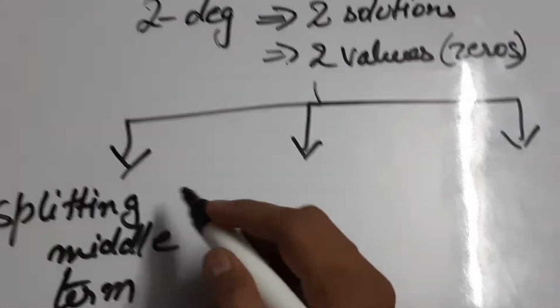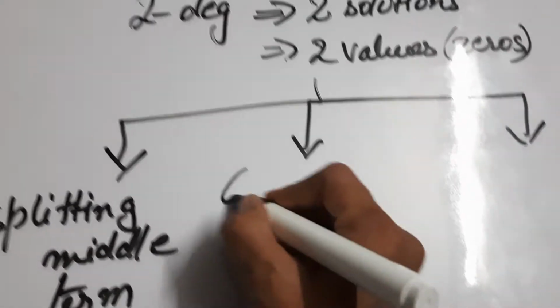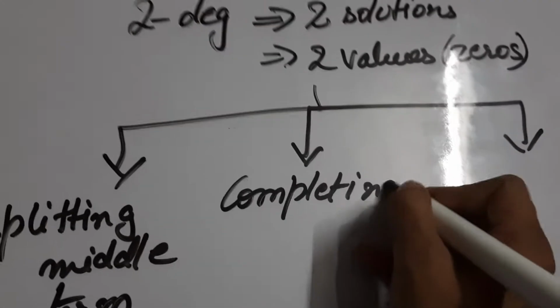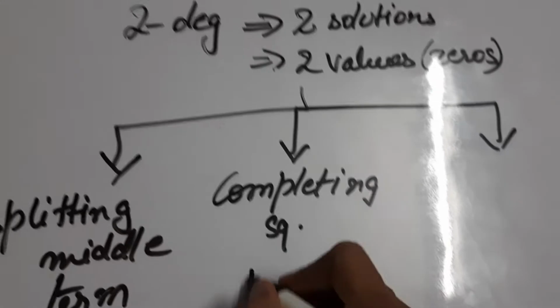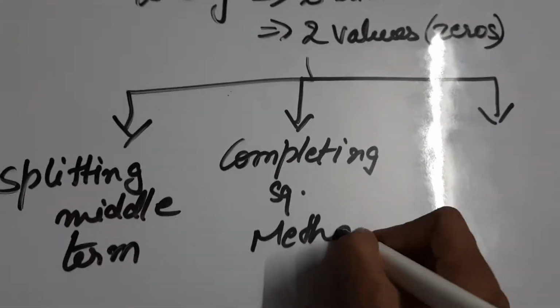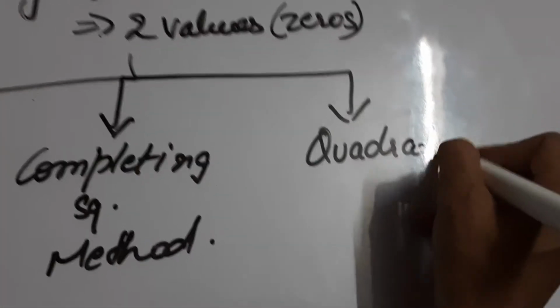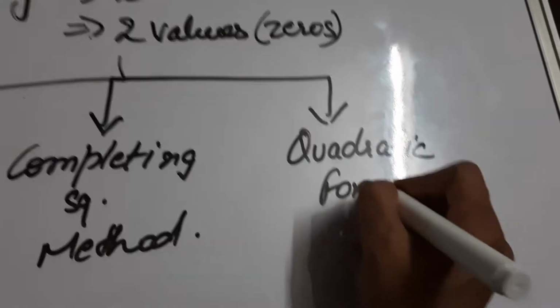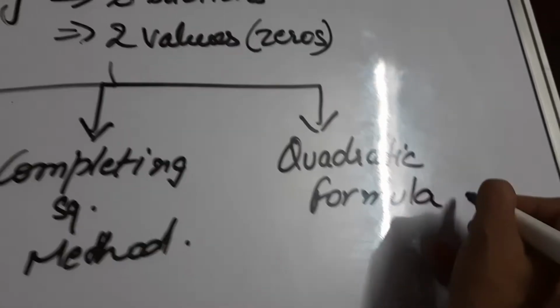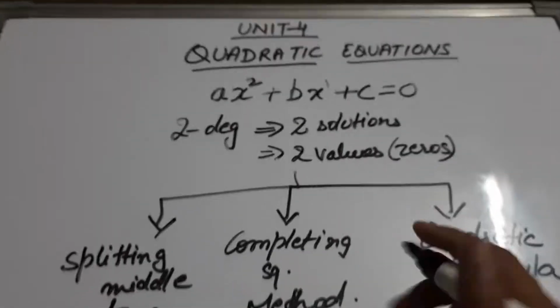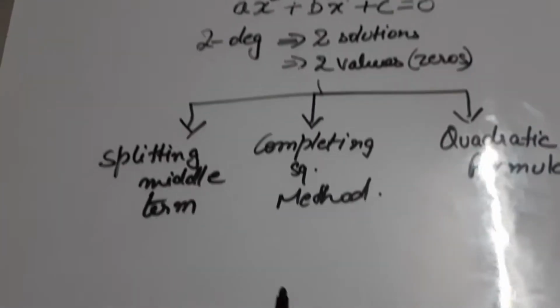Second is the completing square method. This is the second method to solve the quadratic equation. And the third method is the quadratic formula. So dear students, we will study 3 methods to get the solution of a quadratic equation.